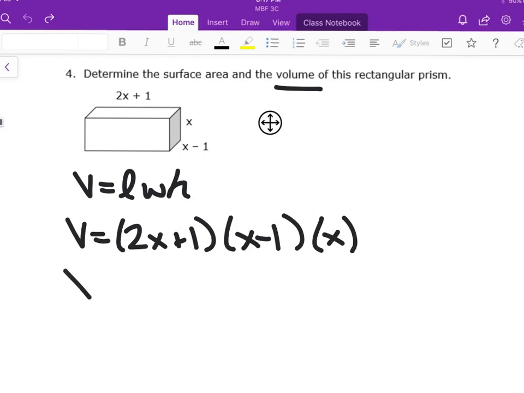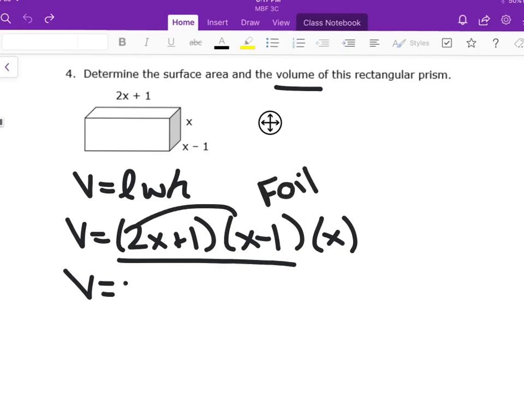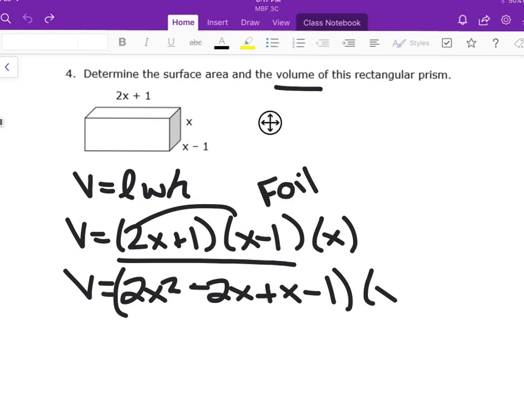So again, we start with FOIL here. So we would FOIL. We get 2x squared minus 2x plus x minus 1. You would put that in brackets because eventually you're going to multiply that other x in.